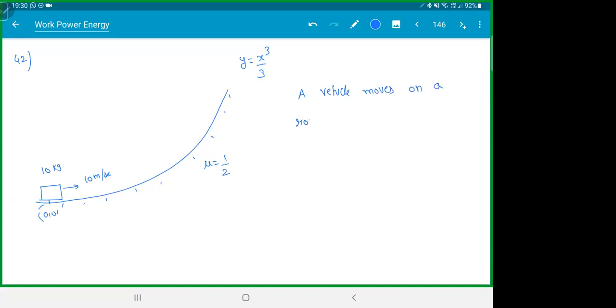The vehicle moves on a rough curved track with constant speed v. Find the power due to friction at x is equal to 1.